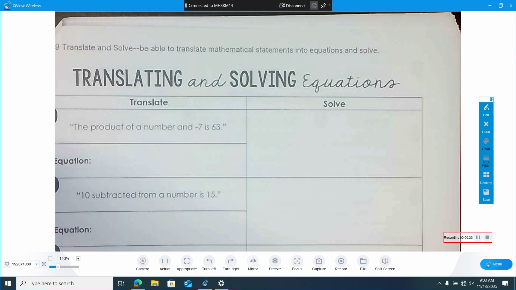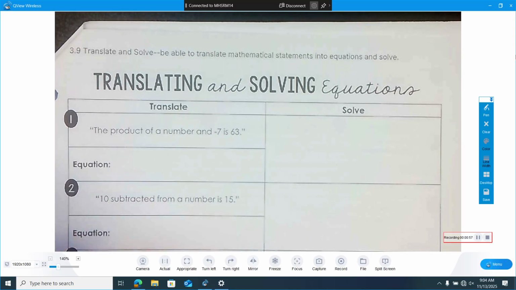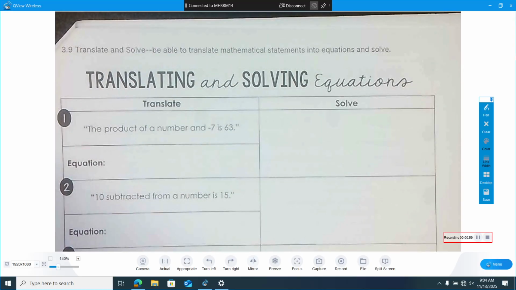So we are going back to that and combining it with the solving equations that we've been doing. So it's really quite great. We're going to write mathematical statements, turn them into equations, and then solve those equations.